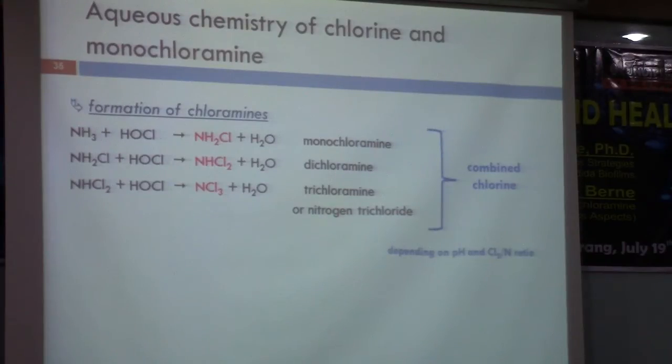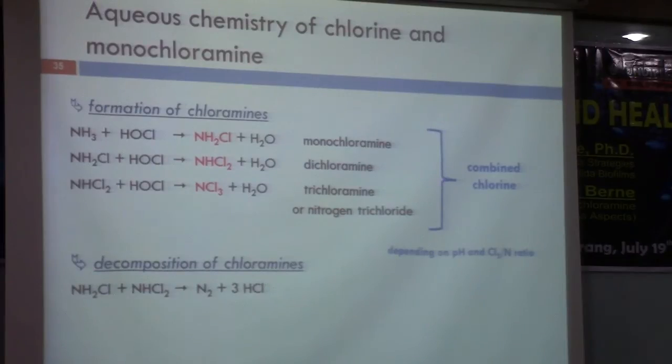So the chloramines are formed by the reaction of chlorine as hypochlorous acid on ammonia. We form first the monochloramine, then the dichloramine, and then the trichloramine, or nitrogen trichloride. All of these are combined chlorine. And the formation depends on the pH and the chlorine to nitrogen ratio.